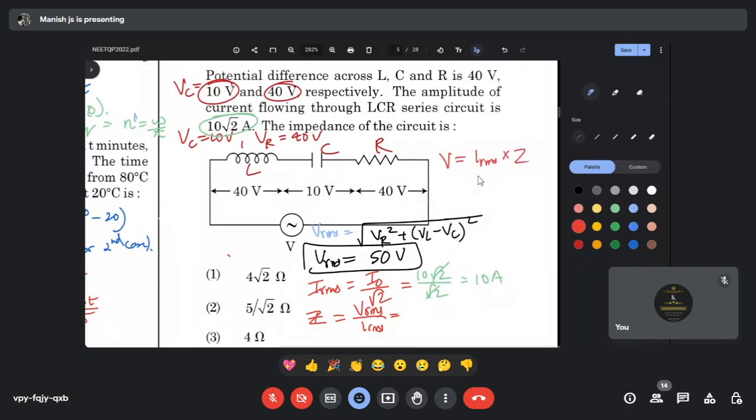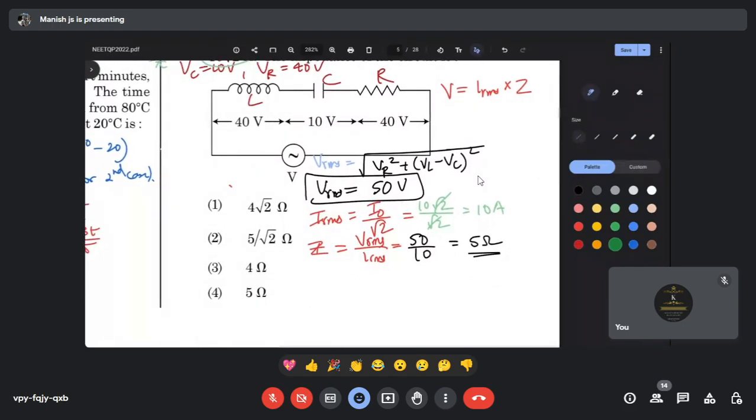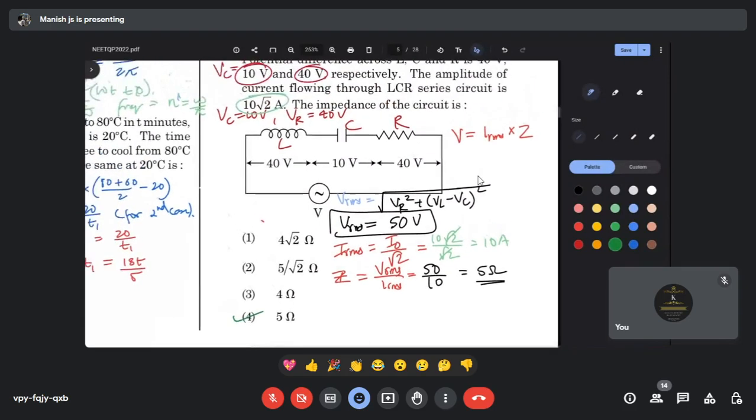I into R, R இடத்துல நம்ம Z போட்டுக்குவோம், that is impedance. அப்புறம் ரீஅரேஞ்ச் பண்ணீங்கன்னா உங்களுக்கு VRMS by I தானே வரும். So VRMS by IRMS. So substitute the values. VRMS is nothing but 50. IRMS is nothing but 10. So what is the answer? 5 ohms. So the answer is 5 ohms. So answer is option 4 according to this question.